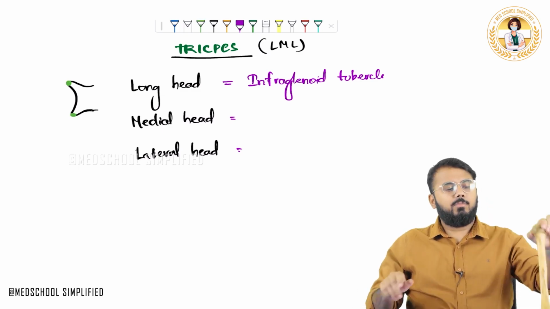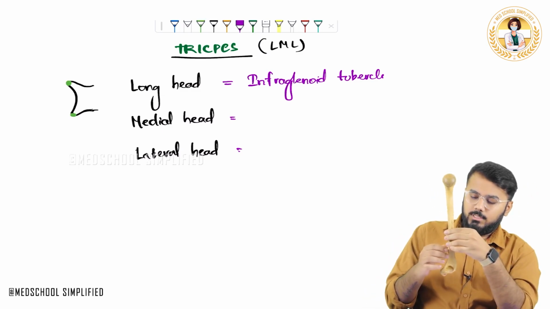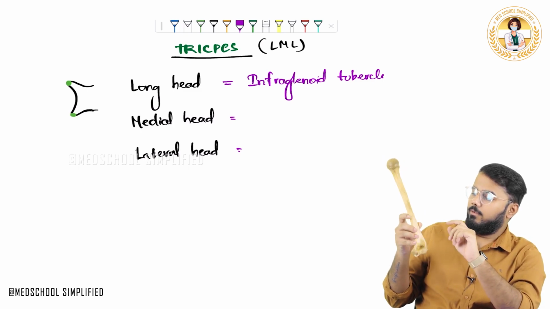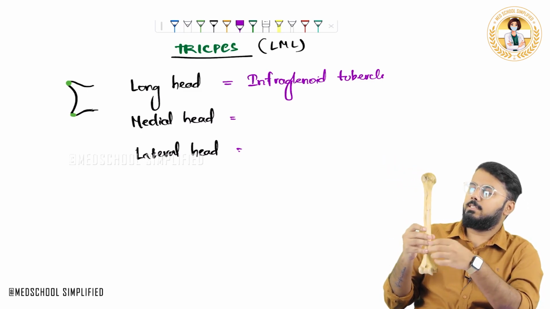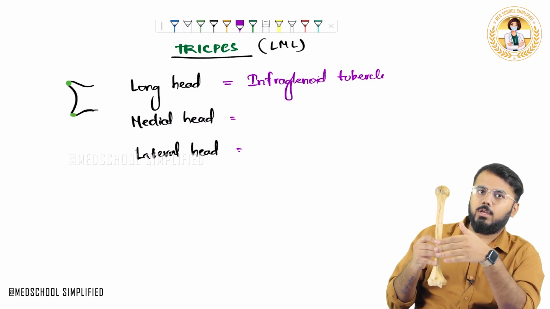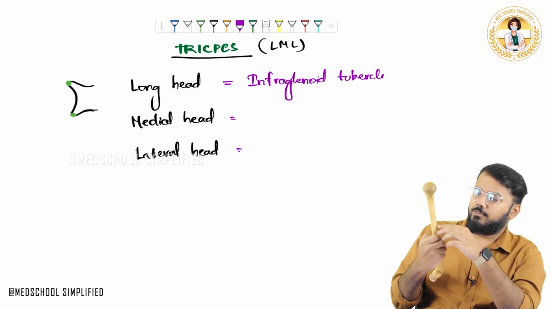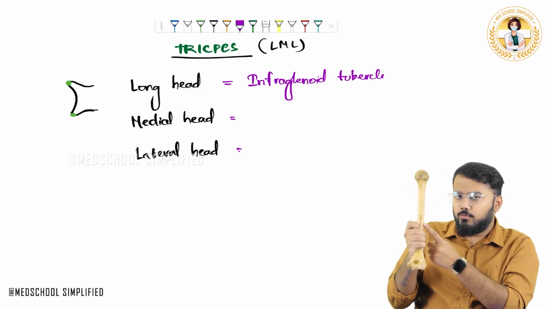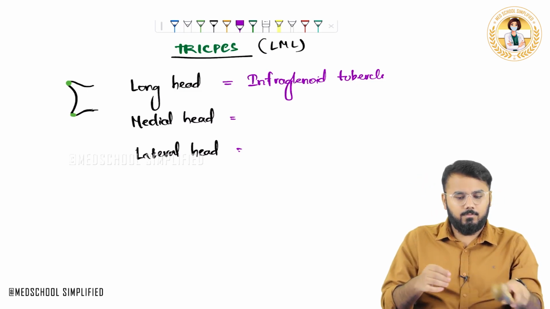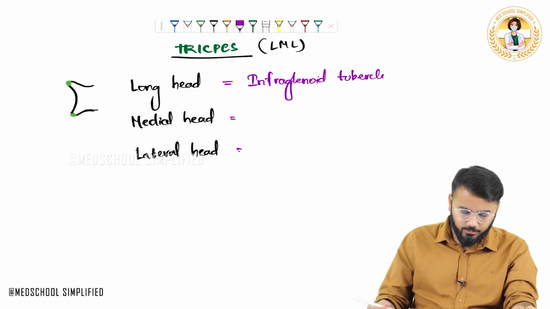Next important thing, guys: let us say this is the anterior surface of your humerus, okay? On the posterior surface of the humerus, you have a groove like this. That groove is called the radial groove, okay?